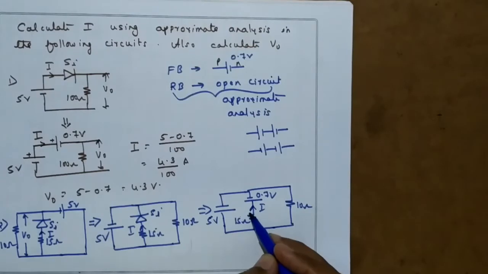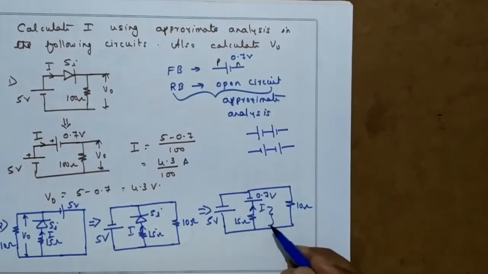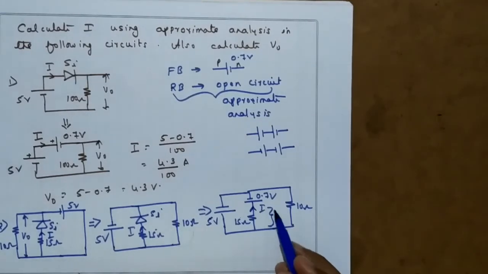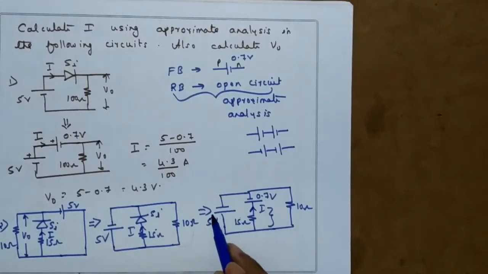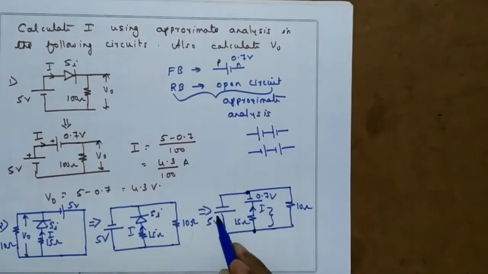Now what is I? I is equal to this voltage across 15 ohm divided by resistor. I is equal to V by R. So how do you calculate the voltage across this? See, if you see the diagram, from here to here 5 volt because this and this are in parallel, so you should get the same voltage.